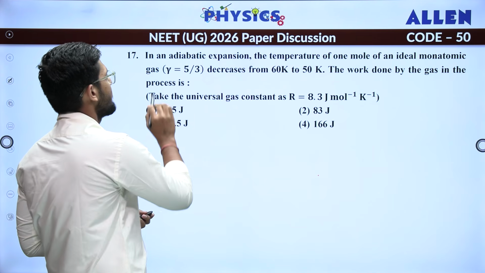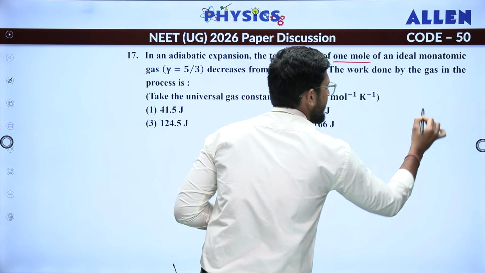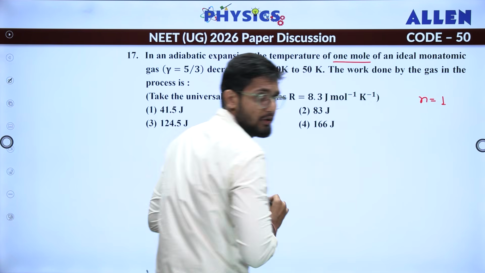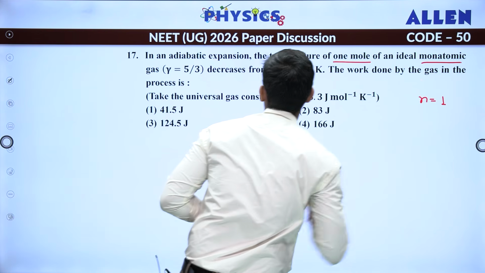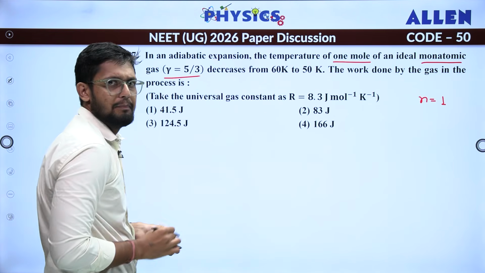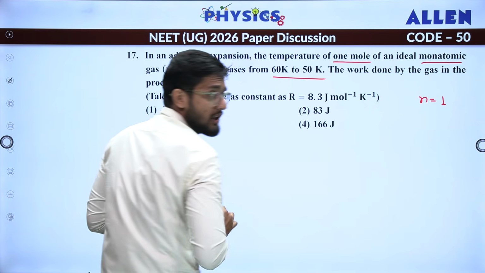Now the next question is, in an adiabatic expansion, the temperature of 1 mole, that means the value of N is 1, which is given to you, of an ideal monoatomic gas. So this is a monoatomic gas and gamma is already given to you, that gamma is 5 by 3. It decreases from 60 to 50.